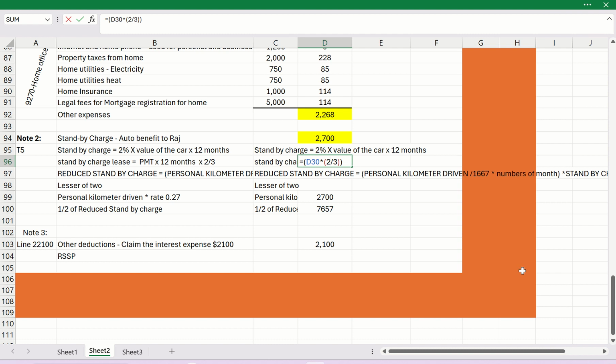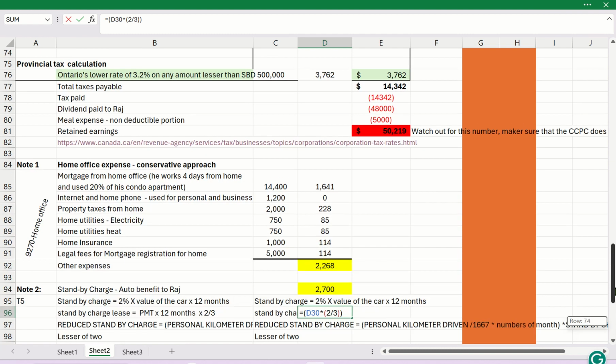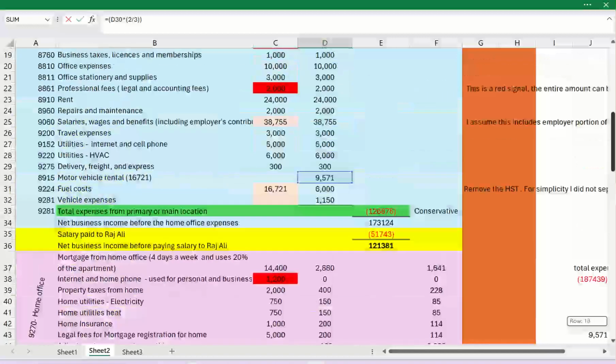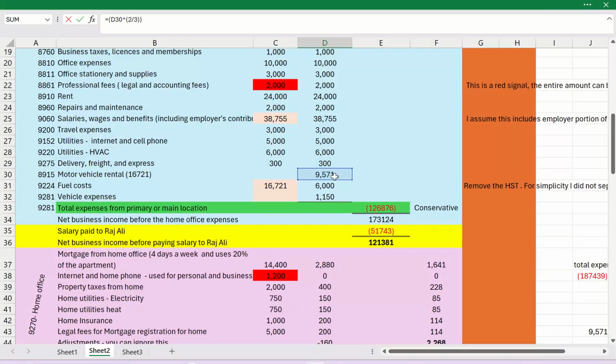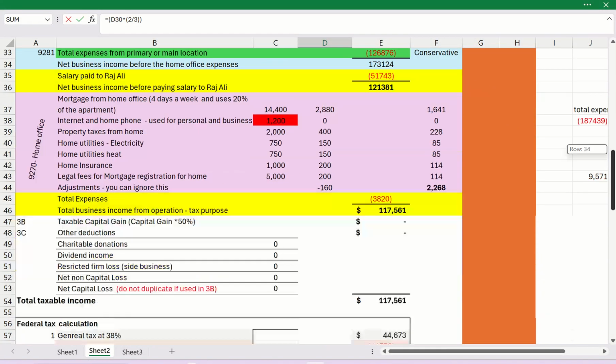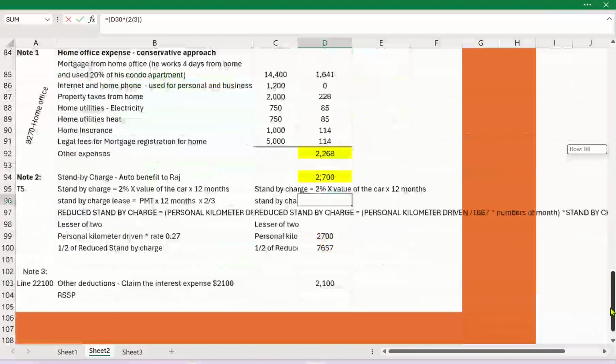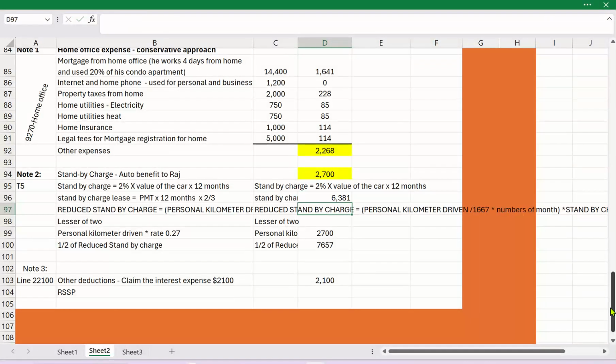Okay, so let's go to line D30, right there. $9,571, the annual lease payment, or it could be done this way. If the lease payment is $700 a month, I'm going to show you a different one. 700 times 12. This is the annual amount, right? And then you take 2/3 of that.